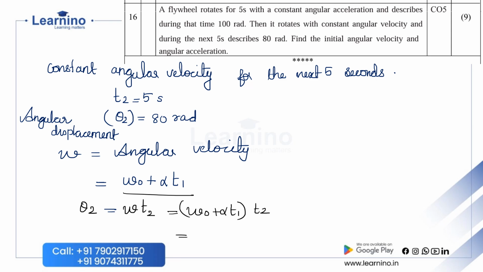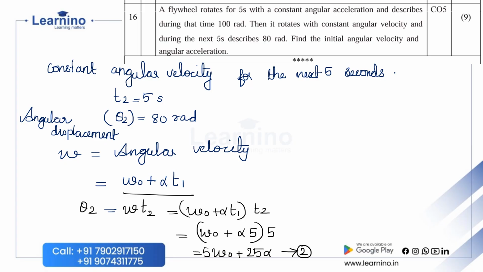Alpha is alpha, and time t1 is 5 seconds and t2 is also 5 seconds. So if you solve, omega 0 into 5 gives 5 omega 0 plus 25 alpha, that will be the second equation.